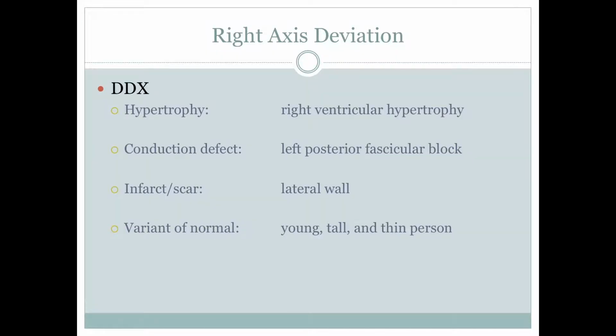So going with the same kind of scheme that we used with left axis deviation, looking at the differential, I look for hypertrophy, a conduction defect, an infarct or scar, or a variant of normal. So like with the left axis deviation, you get right ventricular hypertrophy, which can cause your right axis deviation. You can get a left posterior fascicular block or a lateral wall infarct or scar.